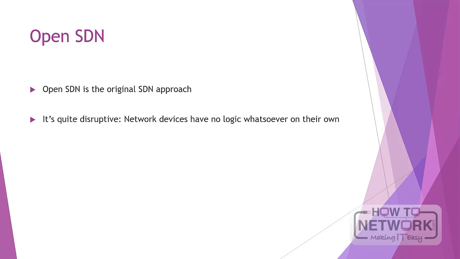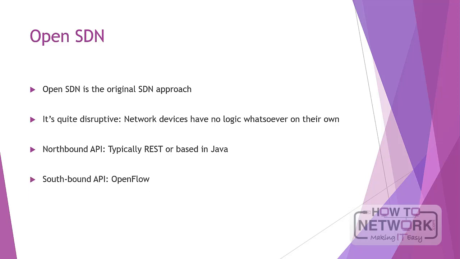Of course, it requires a big effort in programming and management and training of the team and everything, because it's very new. And then typically in OpenSDN, the northbound API is REST or is based in Java, and the southbound API is OpenFlow. OpenFlow is a protocol to interact with forwarders, controllers and forwarders.